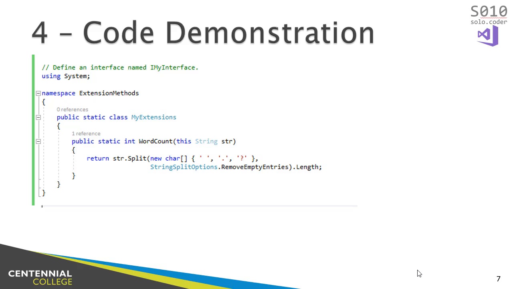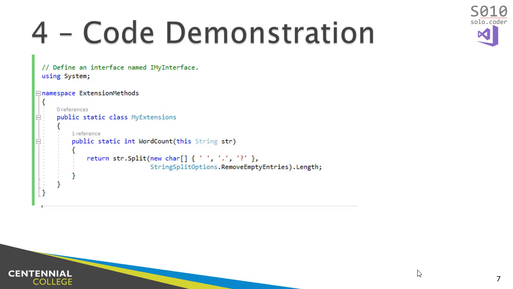Here are some of the characteristics of extension methods. First, the class that they belong to has to be static and public as well. Those are the first two things. The method itself that you are creating, your new method, has to be static as well. I don't know if you can have multiple parameters, I don't think so.